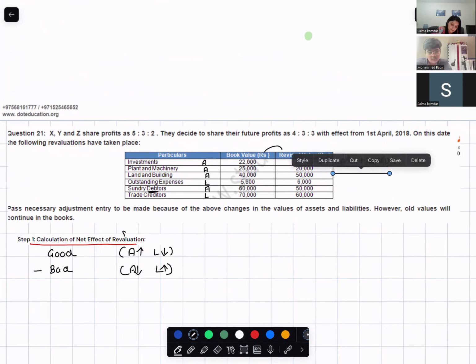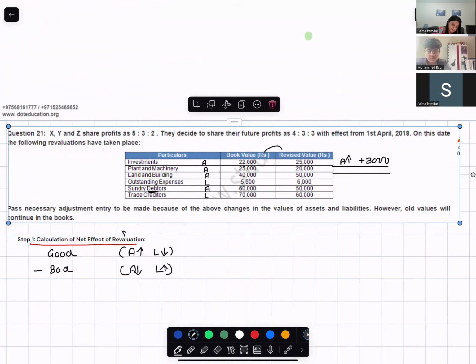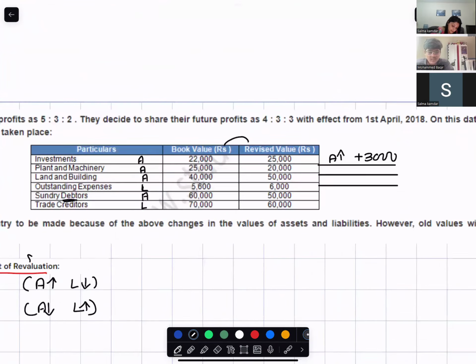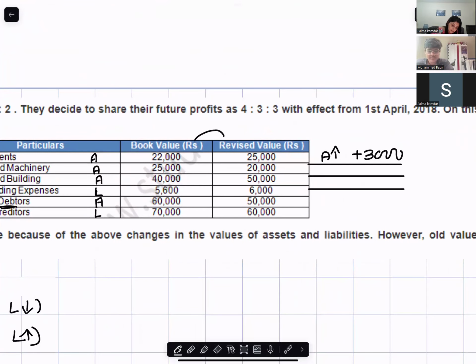Next, asset is decreasing by 5,000. Then asset is also increasing by 10,000.